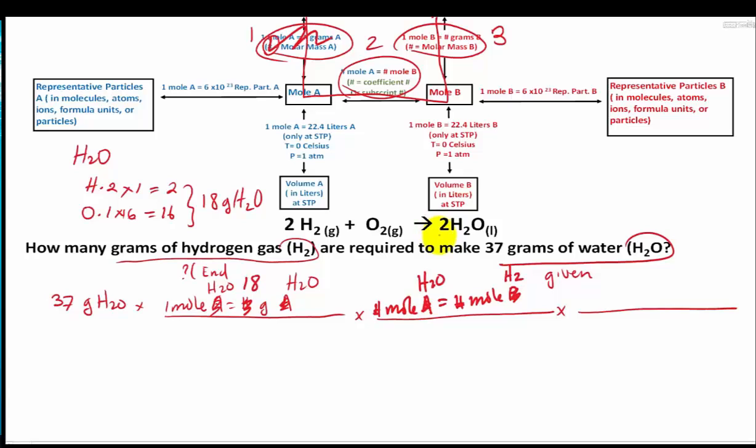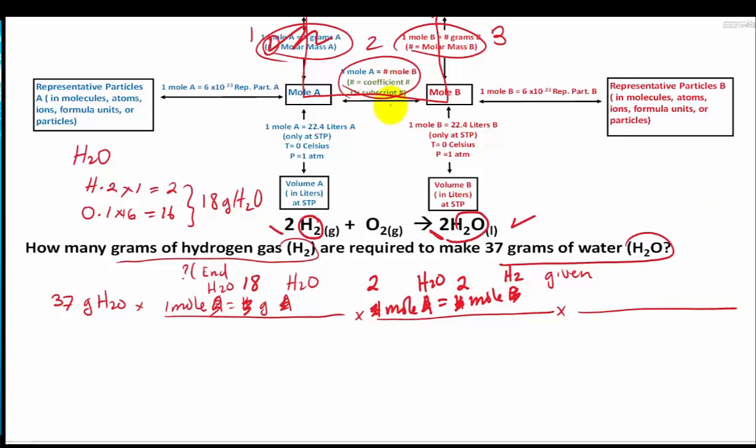We're going back to the chemical equation right here, and we're looking for water, so we circle water. Right in front of water, we have the coefficient 2. That coefficient indicates there are 2 moles of water in this ratio. The same thing for hydrogen. We go back to the equation and look for hydrogen. We have 2 right there. So therefore, this is going to be 2 moles of hydrogen as well.